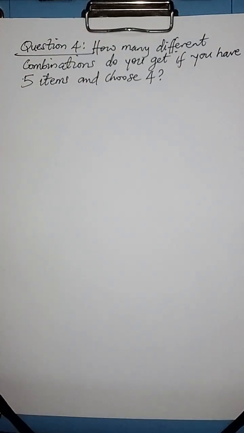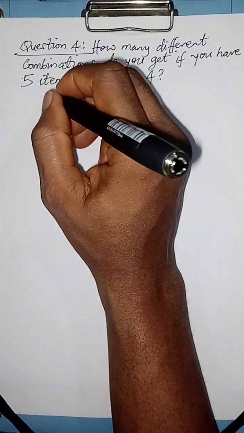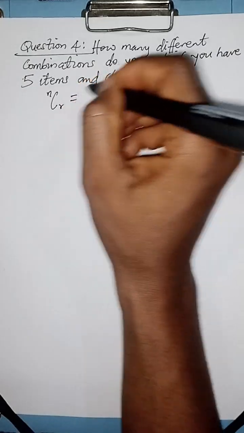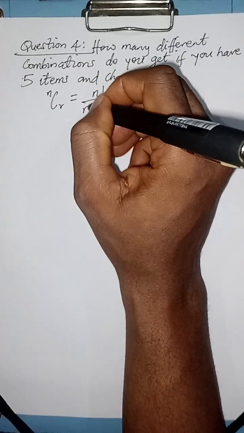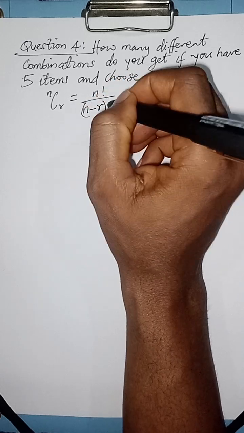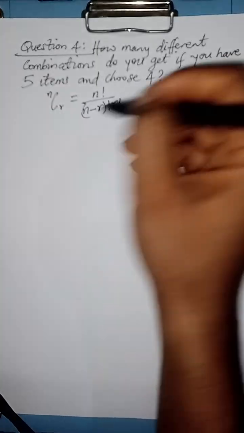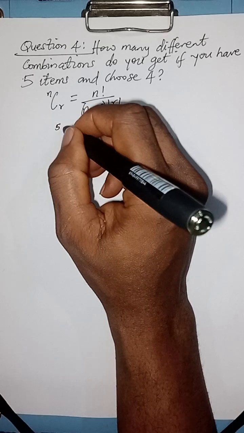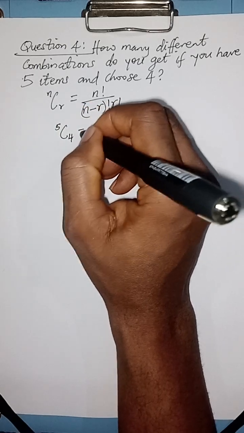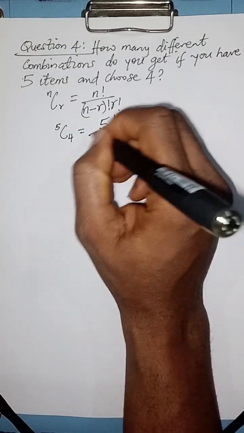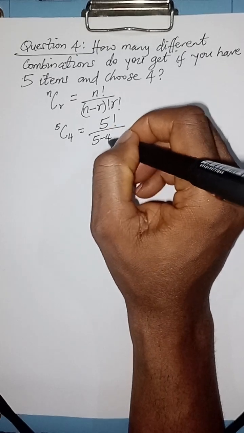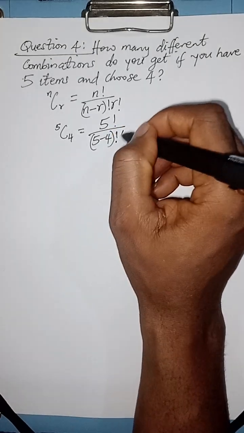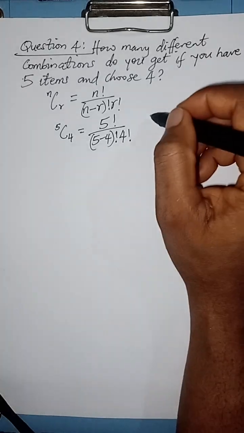Now going by the combination formula, n combination r is n factorial, divided by n minus r factorial, r factorial. Our n is 5, combination 4, and this is 5 factorial, 5 minus 4 factorial, 4 factorial.